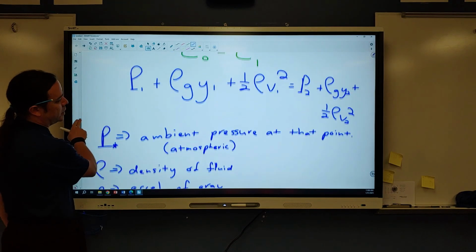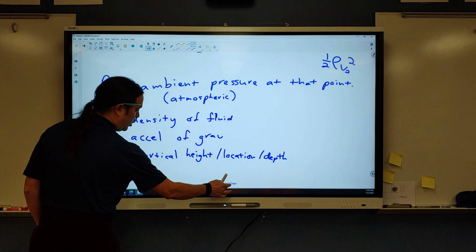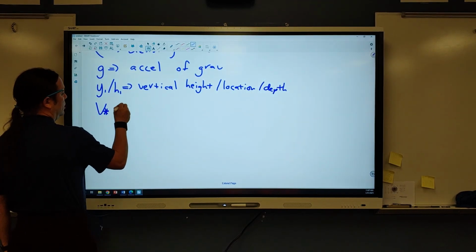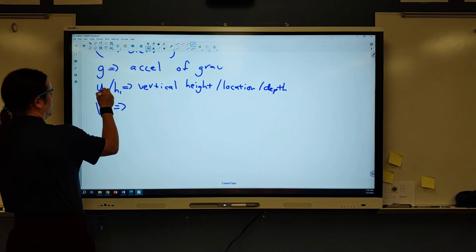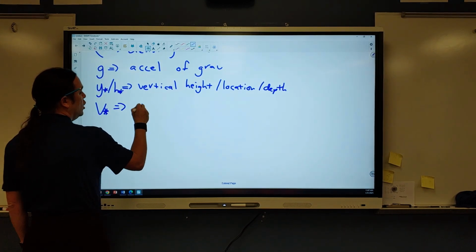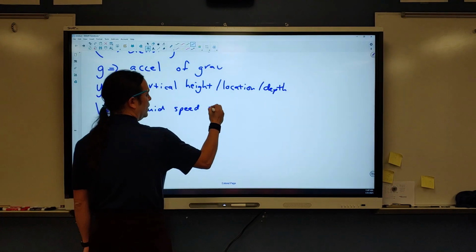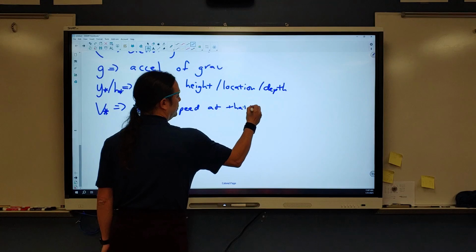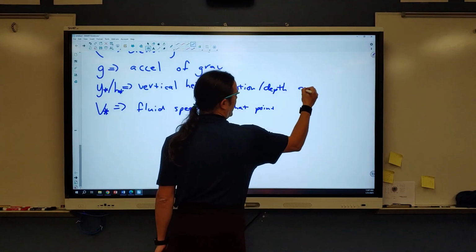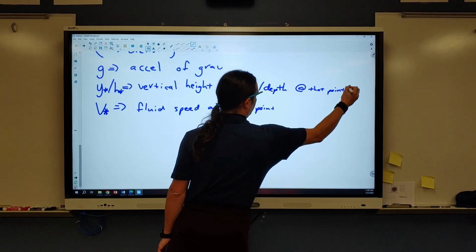We'll see a couple of examples as we go through. I don't want to get too mired in this. We've already done rho. So finally we have v star, h star, y star, where it could be any of the values there. But v is fluid speed at that point. And y is vertical height at that point.